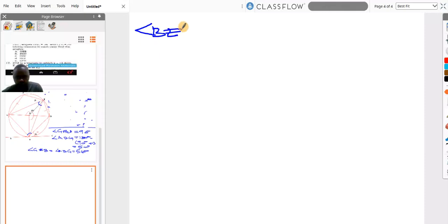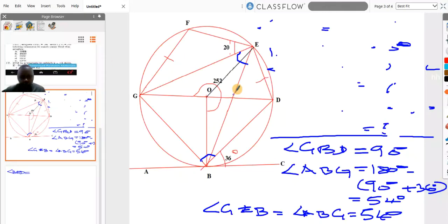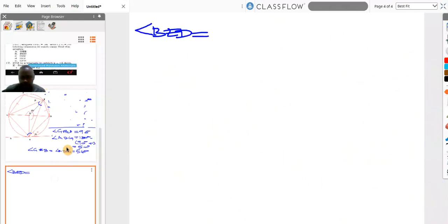Angle BED is equal to 36 degrees, because I think we've already done it in the first way of finding angle GEB. That angle is the same as angle DBC, which is equal to 36 degrees.